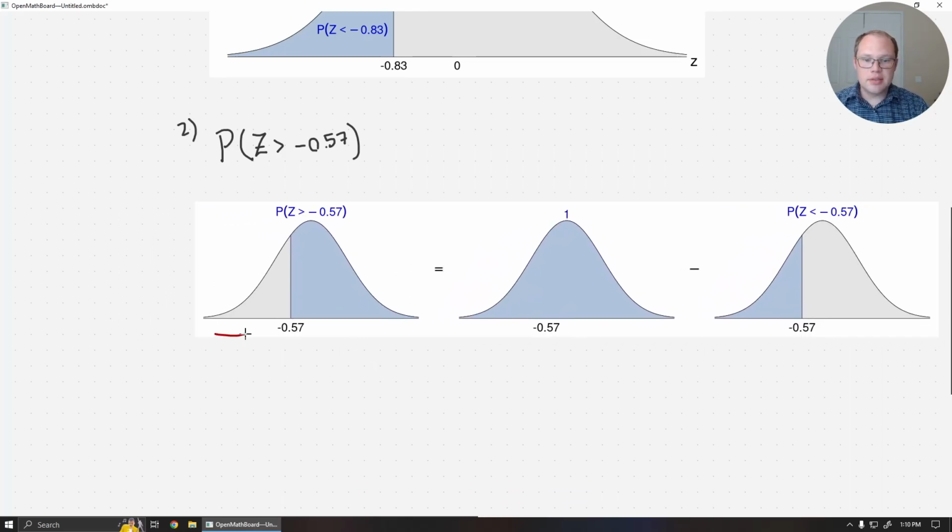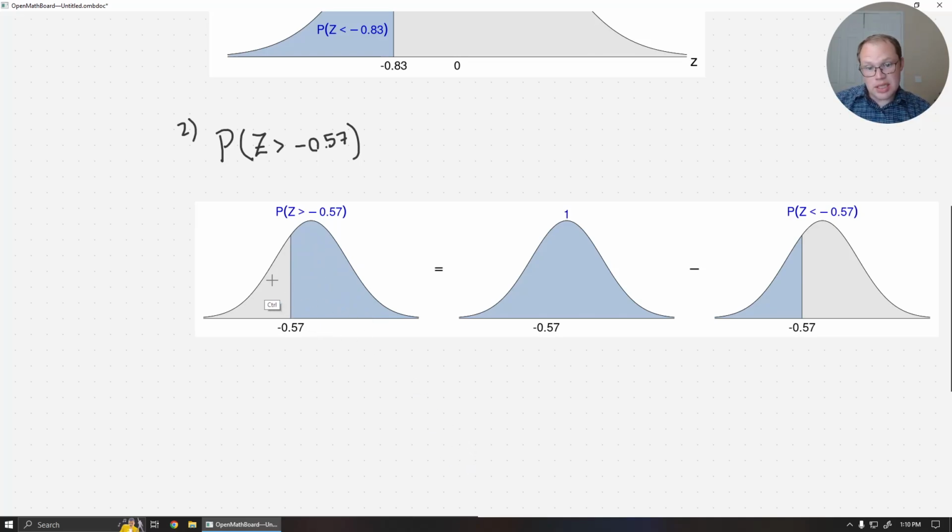This first bell curve represents the probability we are looking for. There's negative 0.57. We're interested in the values that are bigger than negative 0.57, and bigger is to the right. That's why the right region here is shaded. The big problem here, of course, is that the pnorm function in the calculator will not give me the probability to the right of negative 0.57 automatically.